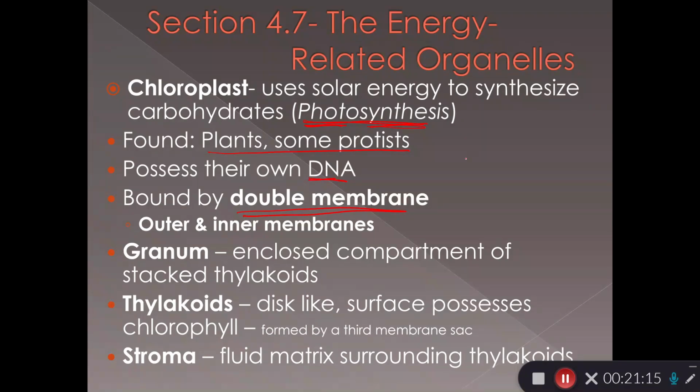So here's the chloroplast, it has a double membrane, and then it has these thylakoids stacked up. The granum is enclosed compartments of stacked thylakoids. Thylakoids are disc-like surfaces that possess chlorophyll, the green pigment. And then this jelly-like substance over here is the stroma.